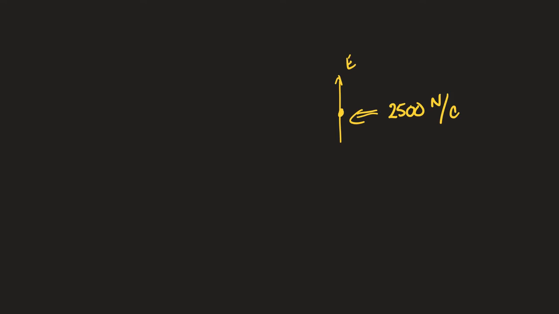So if I tell you I'm going to place a 2 microcoulomb charge there, then you could say, okay, the force on that particle would be equivalent to this product. If you knew the force, you could probably use some Newton's laws to figure out what would happen to the particle.